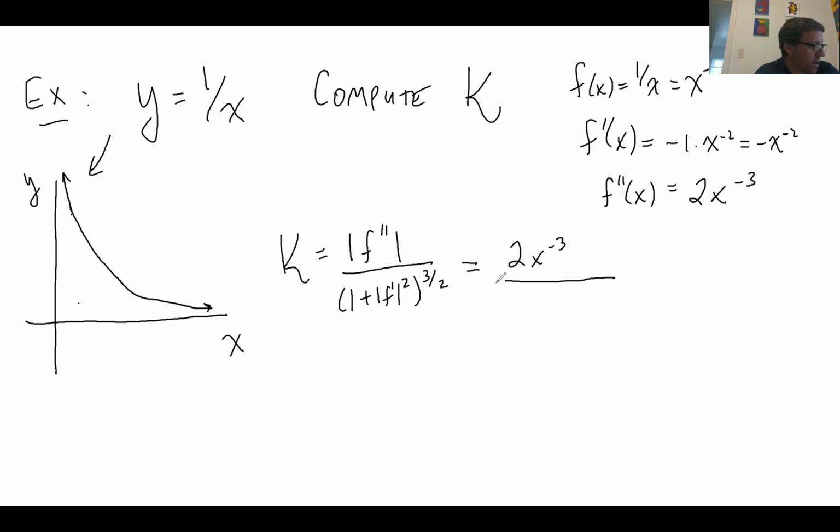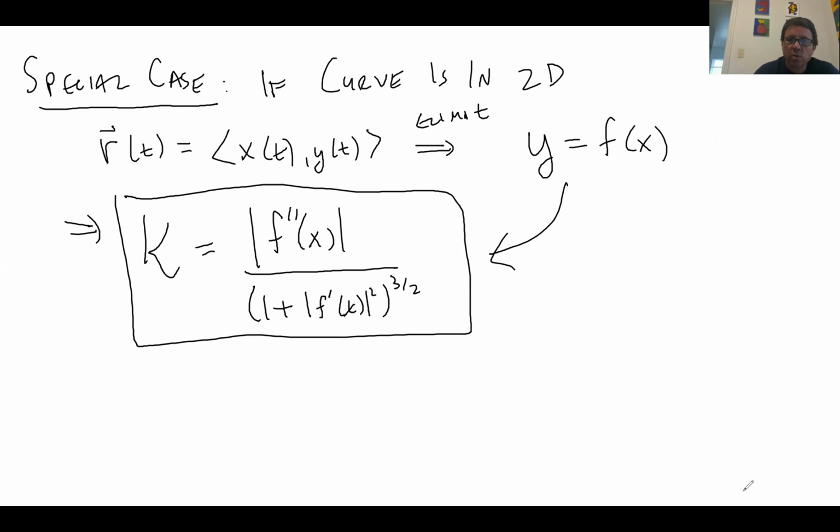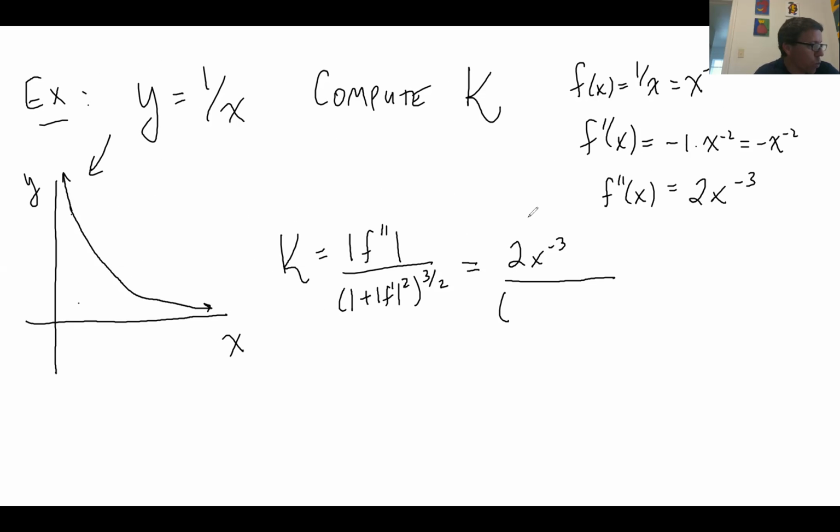In the denominator, what am I going to get? It's going to be 1 plus the derivative squared.